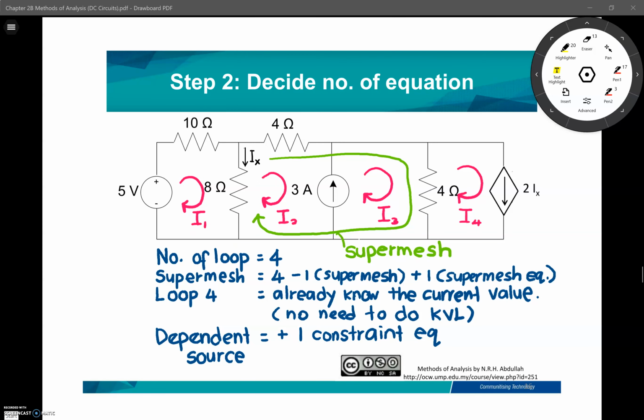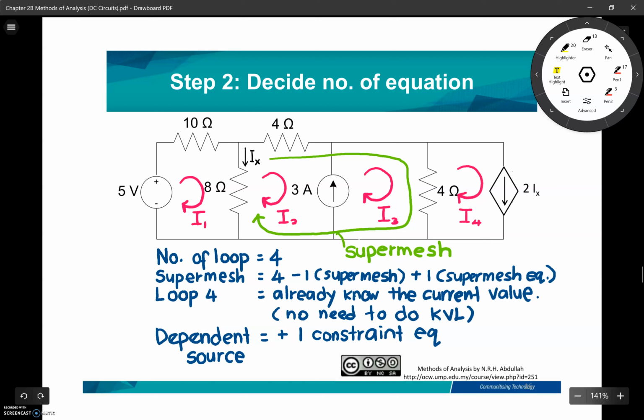Then for step number 2, you have to decide the number of equations by considering all the possible things, for example a dependent source, supermesh, and so on. So number 1, the number of loops is 4. Is there any supermesh? Yes, here is the supermesh. How to know the supermesh?